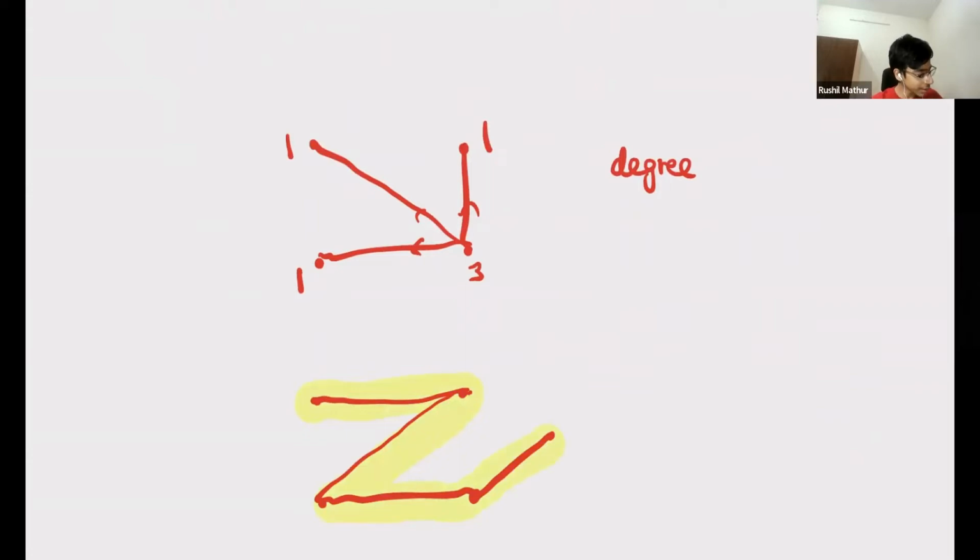You need not have every edge in your path, so these could be some extra edges, but I can choose to have my path as only that thing. I'm basically going from 1 to 2 to 3 to 4 to 5, and all of these are neighboring vertices. Neighboring essentially means that they're connected by edges. So 4 and 5 are neighboring, but 2 and 5 are not neighboring because they're not connected by an edge.